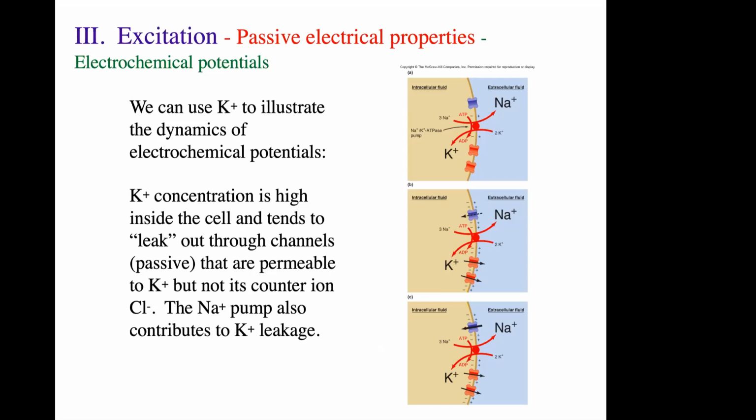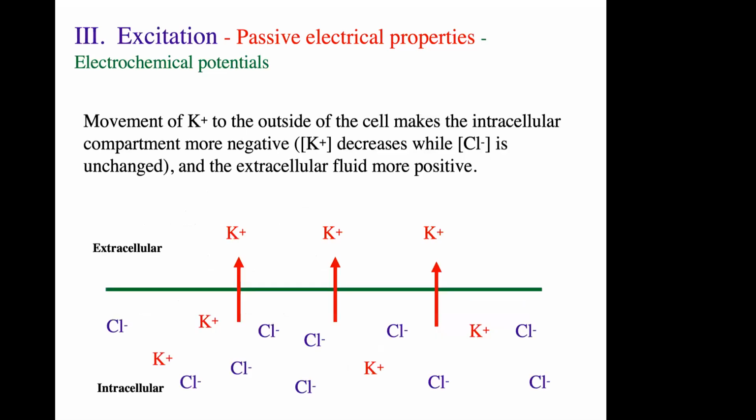We're focusing on potassium, where you have the sodium-potassium pump pumping potassium into the cell, creating a potassium gradient, and then potassium is going to leak out of the cell through passive ion channels until an electrochemical equilibrium is reached, okay? And once you reach that point, there's not going to be any more net movement of potassium.